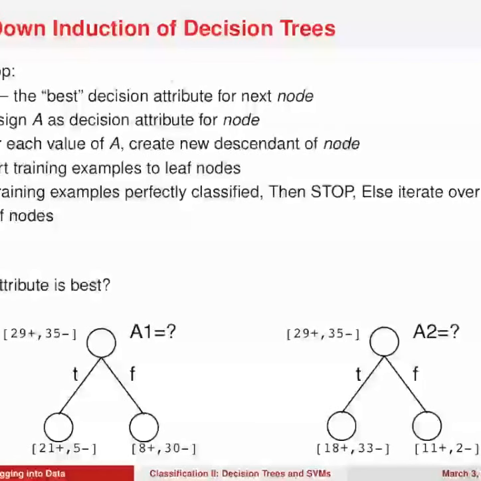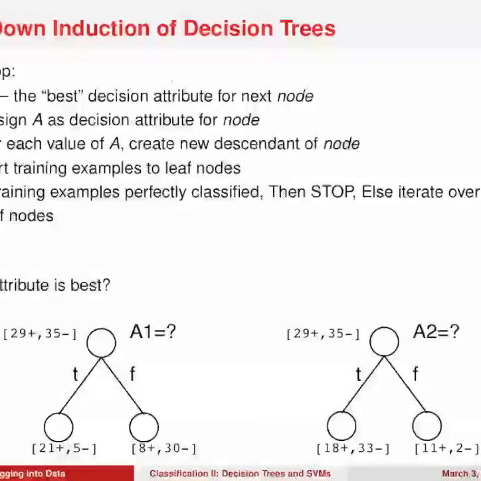So given this blueprint, what we need to figure out is what makes a good split of the data. So remember, a split of the data is to split your data set based on some attribute. Here we'll assume that all our attributes are binary for the sake of convenience.